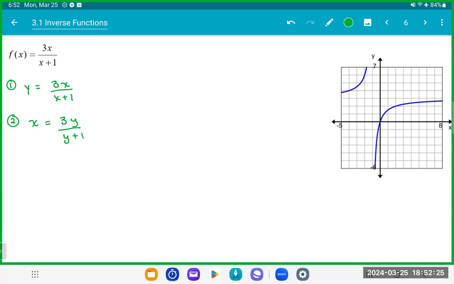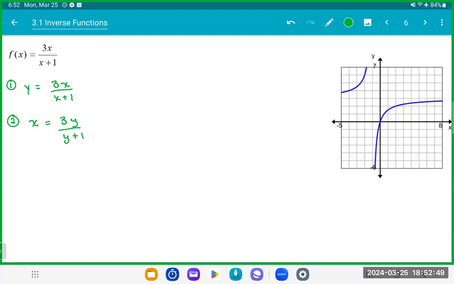Notice that all X's get changed to Y's and all Y's get changed to X. Then our next step, we're going to resolve for our Y.